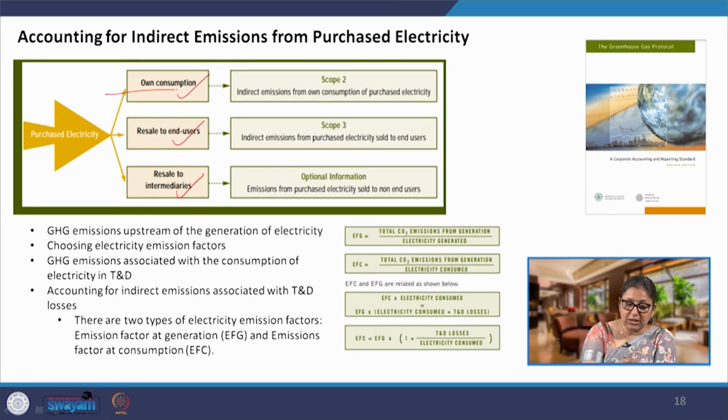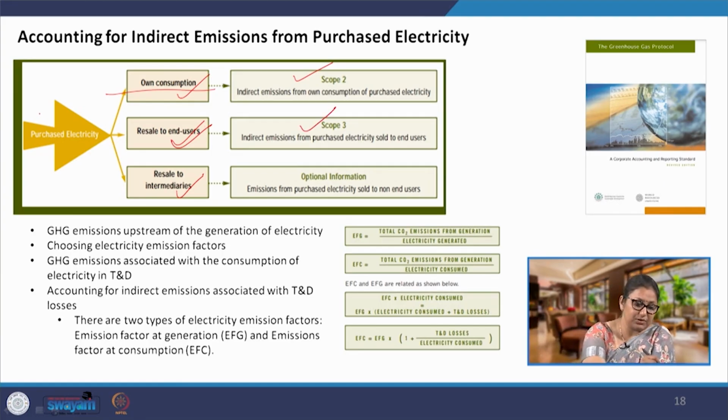So, own consumption, the emissions from that are still going in scope 2, because we are not producing electricity, we are still purchasing electricity. Resale to the end users. Now, this electricity has become a product which is going to the end users, and how they consume. So, all the emissions that are accruing from their use are actually going in scope 3.